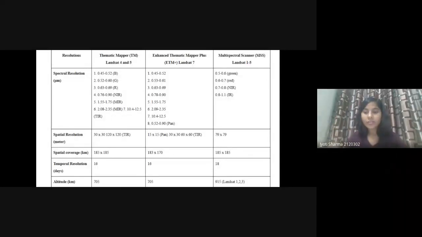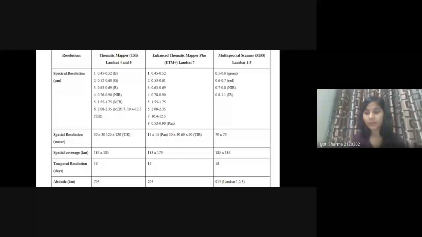So how much area has been covered by this electromagnetic radiation, because for that area it will give you the information. At one time, how many kilometers of coverage you have by this sensor. So this is the spatial coverage.